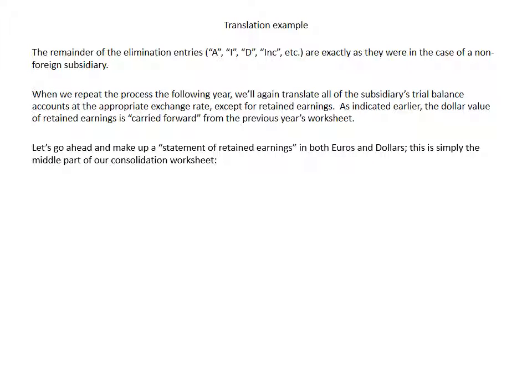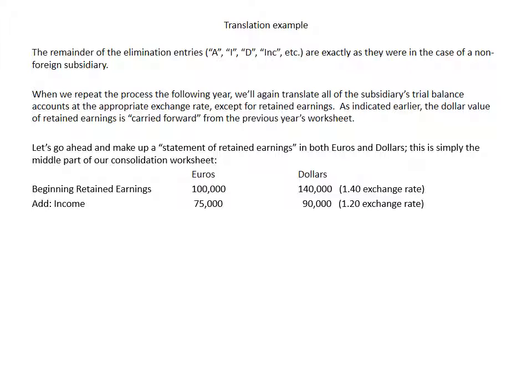Let's go ahead and make up a statement of retained earnings in both euros and dollars. Now this is simply the middle part of our consolidation worksheet. Again, we start with our beginning retained earnings, 100,000 euros at the $1.40 historical exchange rate. That was $140,000. We add our income. In euros, the income was 75,000.